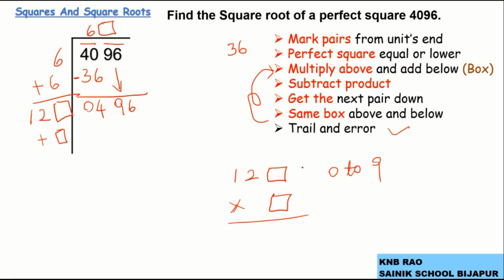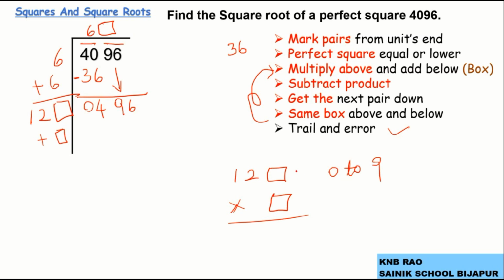Obviously, students, you cannot every time check each and every digit. Use your common sense. 496. That means whatever is chosen, it becomes 120 to 129.